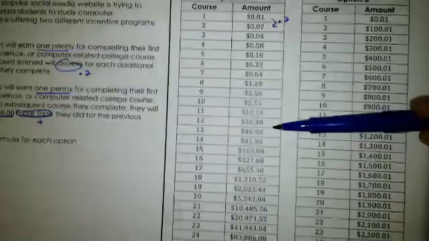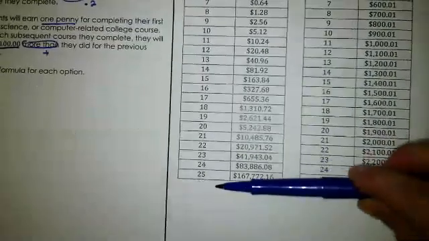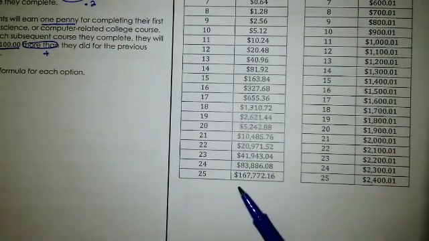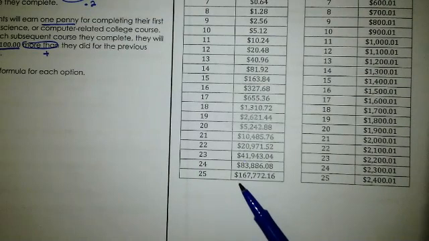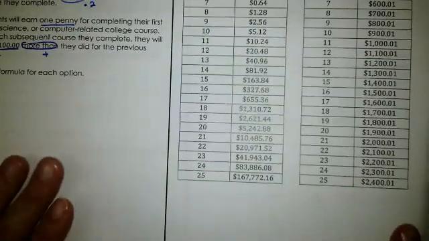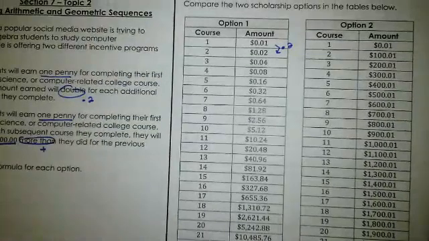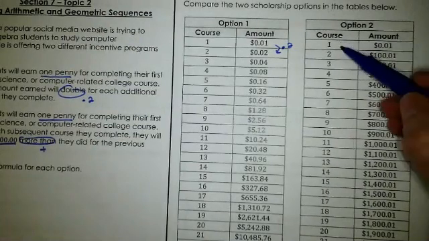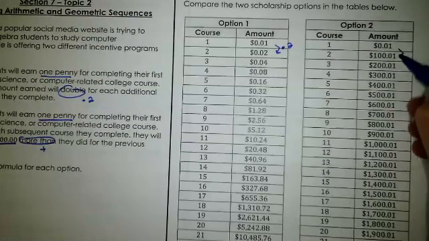And eventually they get down to the point where they've completed 25 courses and they're going to get $167,772.16.